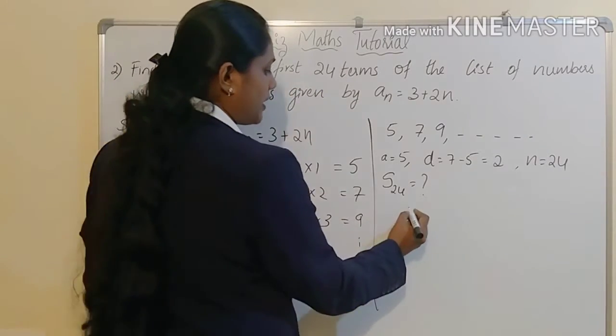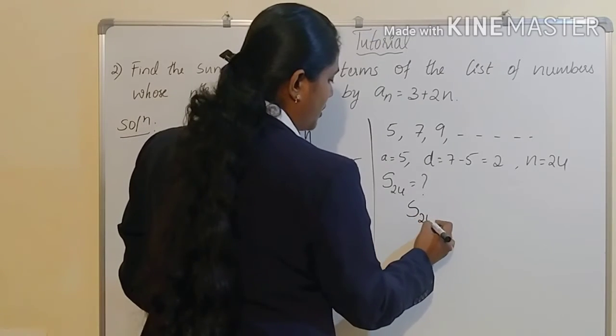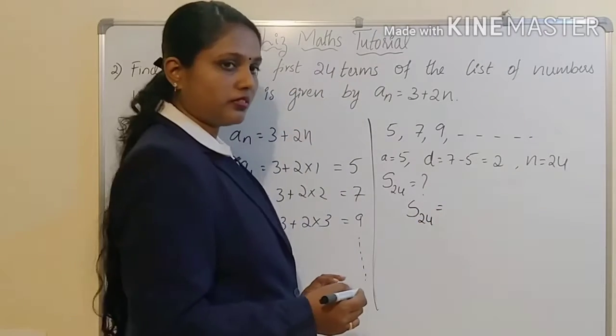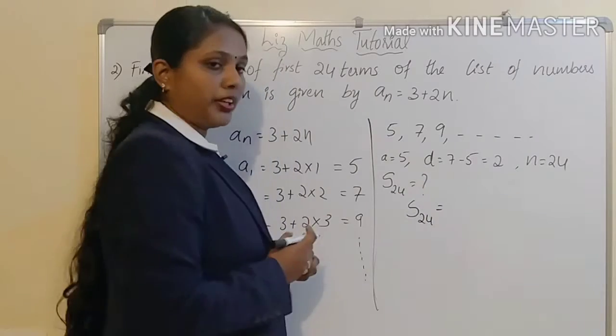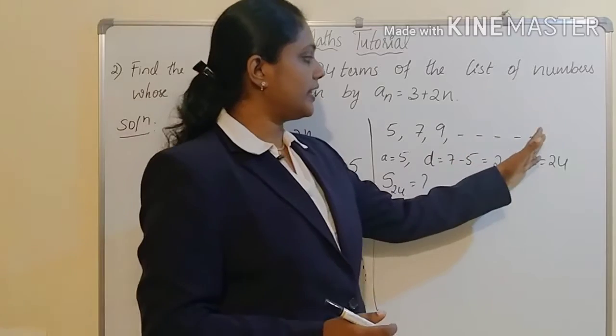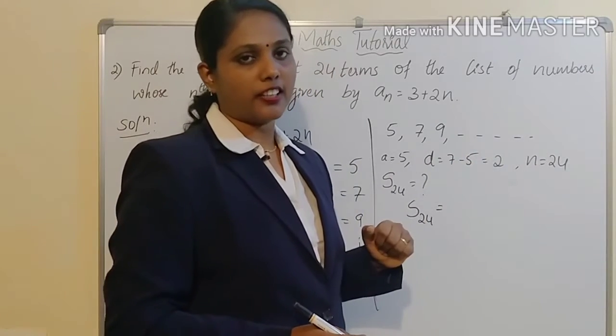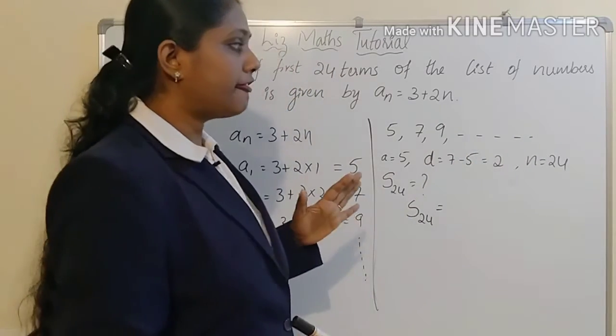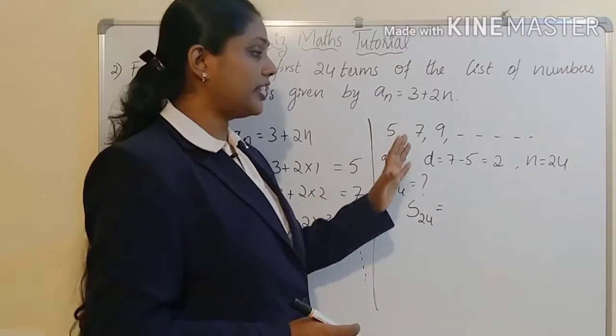Which formula do you have to use here? Here n is nothing but 24. They have not given the last term here; this is not finite, they have given an infinite list.